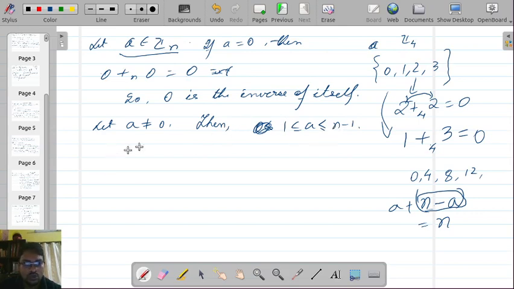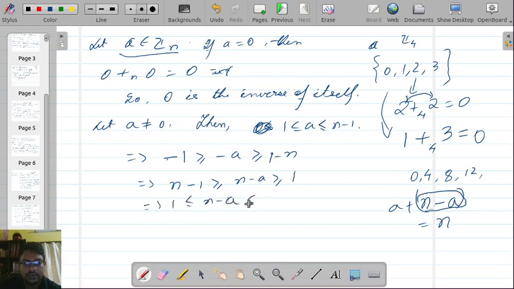So from here, multiplying both sides by minus 1, minus 1 is greater than or equal to minus a, which is greater than or equal to 1 minus n. Then add n to both sides: n minus 1 is greater than or equal to n minus a, which is greater than or equal to 1. So I can write 1 less than or equal to n minus a less than or equal to n minus 1. This implies n minus a is also an element inside Zn.